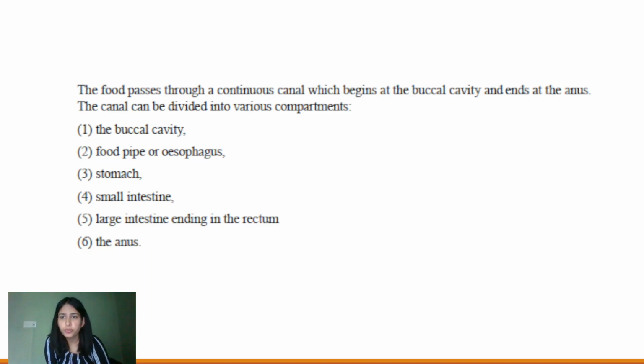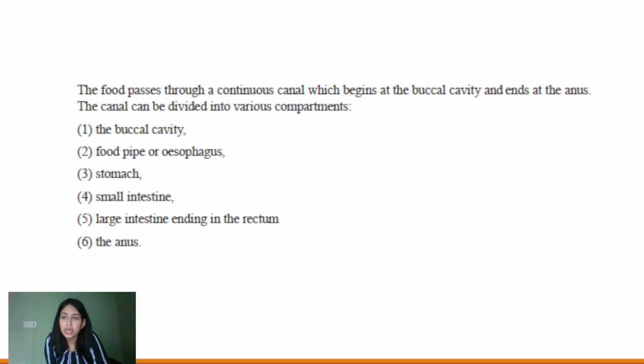Yes, so the food passes through a continuous canal which begins at the buccal cavity and ends at the anus. The canal can be divided into various compartments, that is, the buccal cavity, food pipe or esophagus, stomach, small intestine, large intestine ending in the rectum, and then the anus. So we are dividing it into six parts. First, the buccal cavity, the mouth.